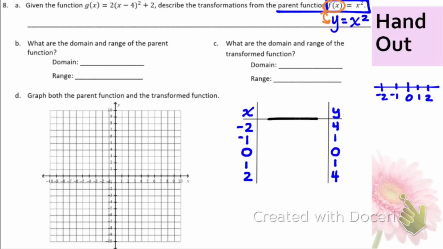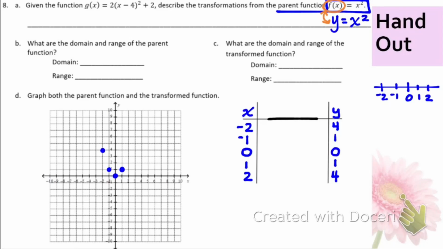Let's go plot these points. So I have -2, 4 as a point. I have -1, 1 as a point. Where's our vertex again? 0, 0. Where's my next point? +1, +1, right here.